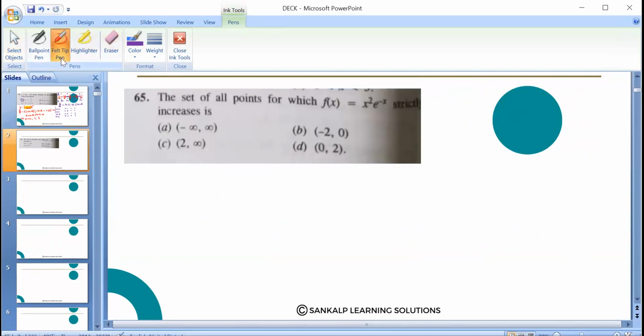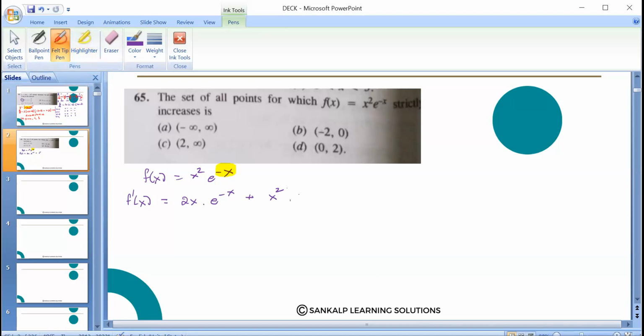The set of all points for which the function x square into e power minus x increases. So find the derivative of the function using product rule. Derivative of x square is 2x into e power minus x plus x square into the derivative of e power minus x; use chain rule.